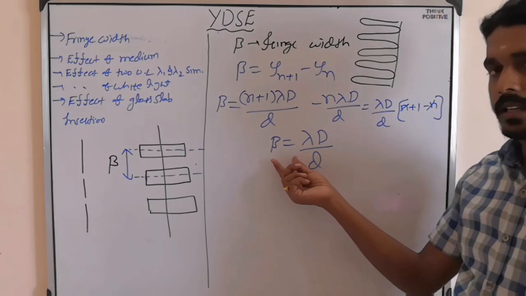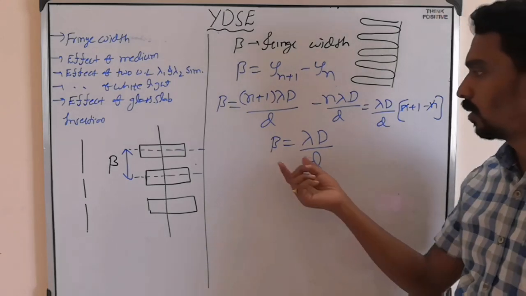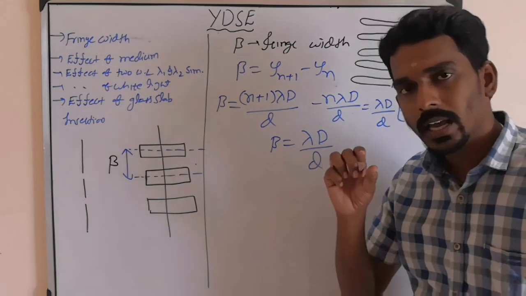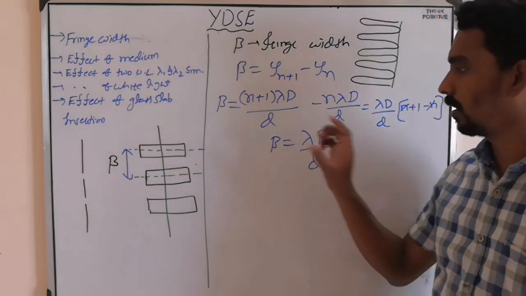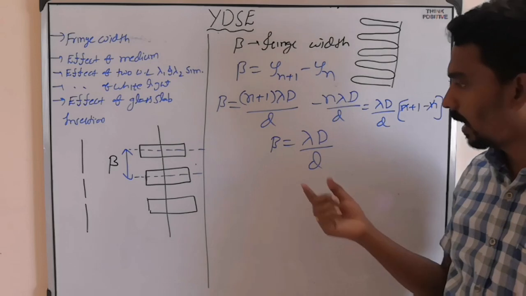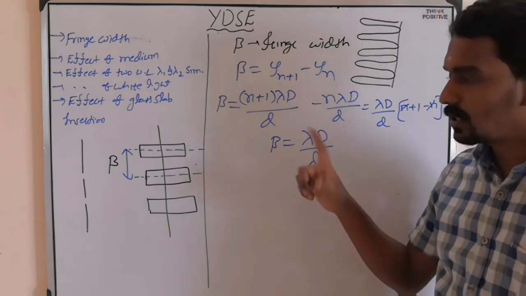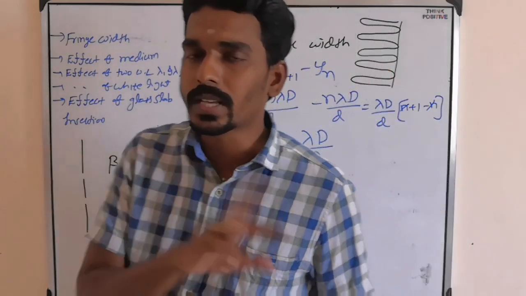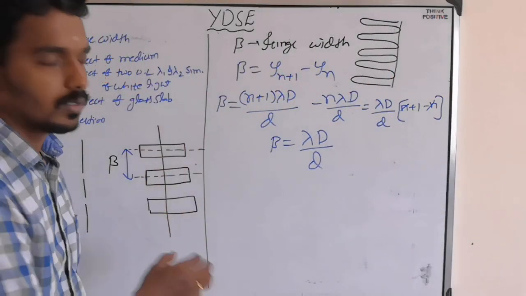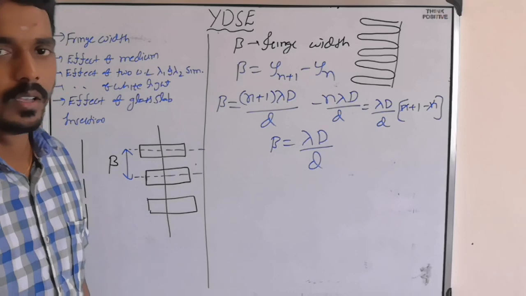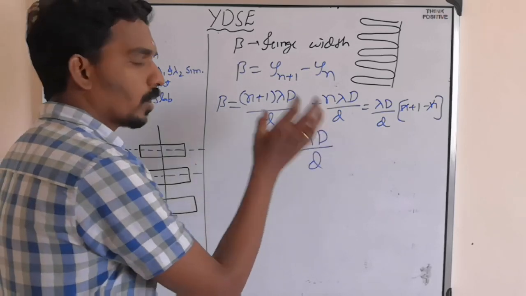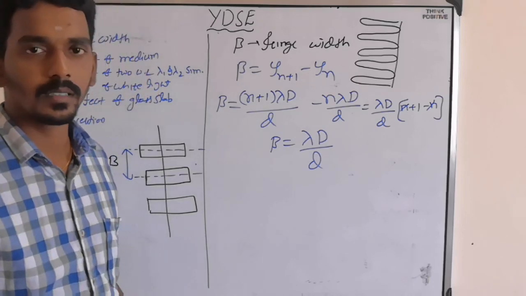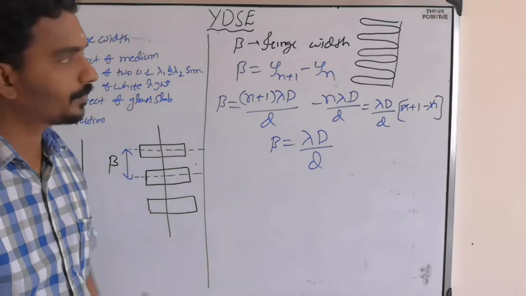The fringe width of each bright or dark fringe is equal, and it is the distance between two successive bright or two successive dark fringes. So the formula is this one, one of the important formulas on which questions are often asked in entrance exams.